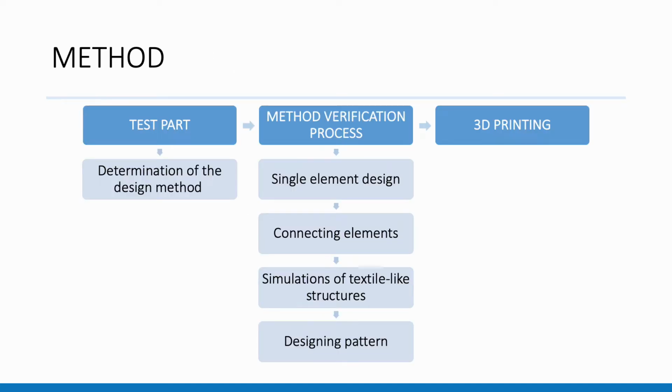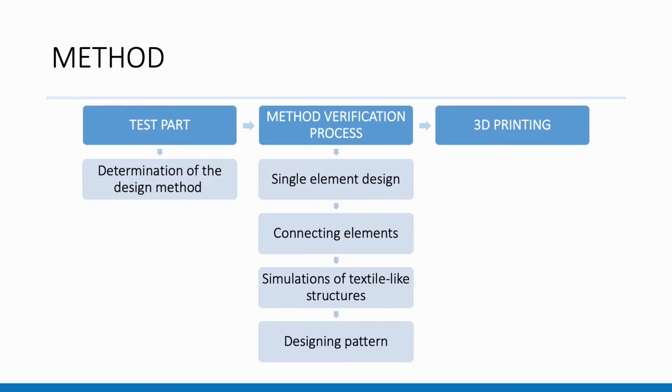The design process began with a test part, where we determined the design method, which was followed by a method verification process. In this stage, we firstly modeled single elements, connected them into a textile-like structure, created simulations, and lastly created some patterns.